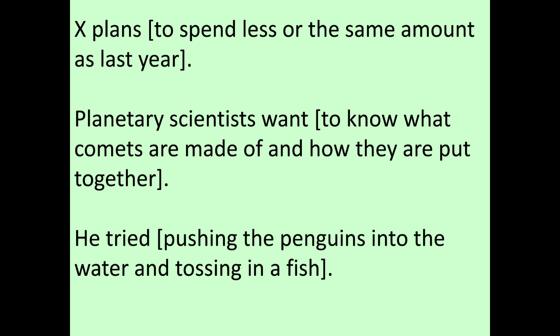Planetary scientists want to know what comets are made of. It can only be the planetary scientists who are the subject of to know, right? You can, of course, put in another subject here. Planetary scientists want you to know. Yeah, you can do that. But if there's no subject there, it's syntactically determined if the matrix clause verb is want, and if the matrix clause verb is try.